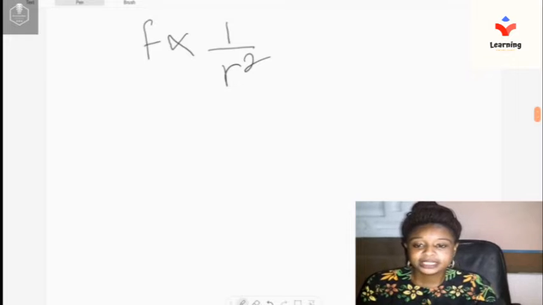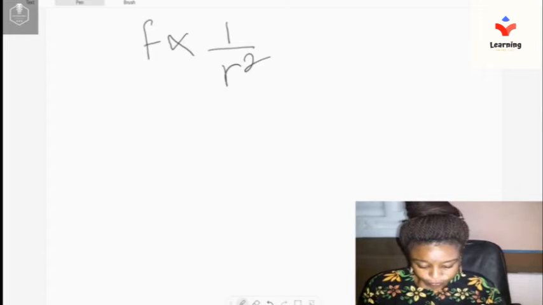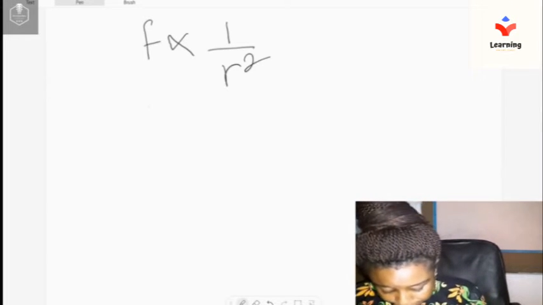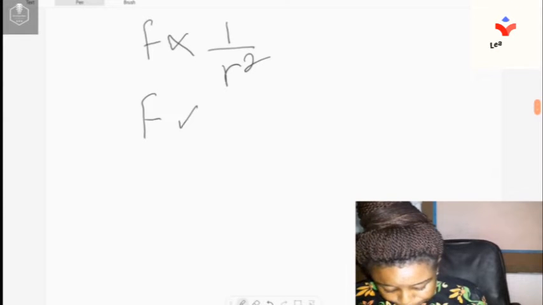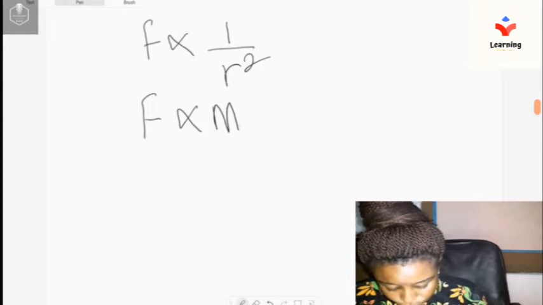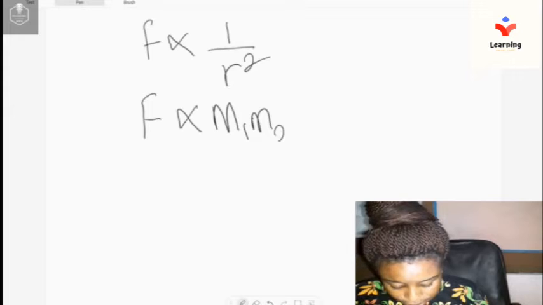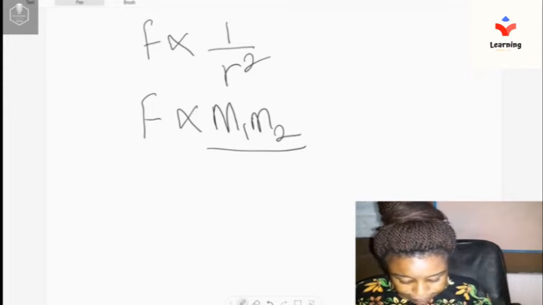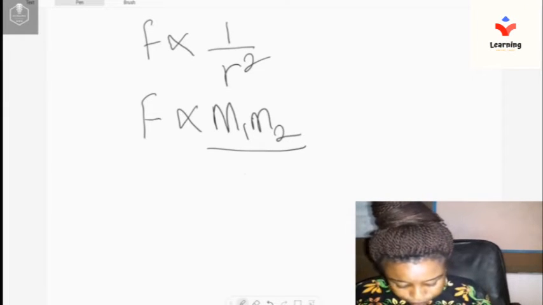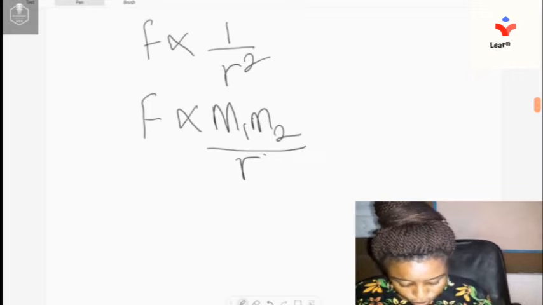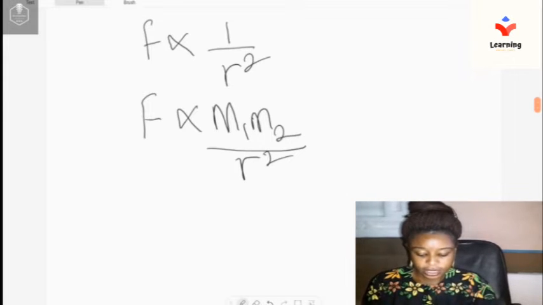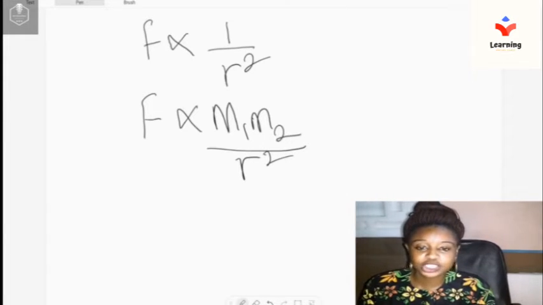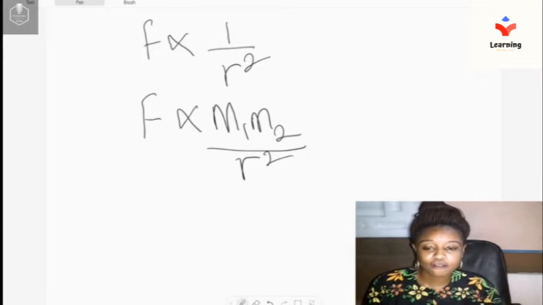So, merging the two statements together, we can have F is directly proportional to mass m1 and mass m2 and inversely proportional to the square of their distance. Okay, so this is the mathematical representation of Newton's law of gravitation.